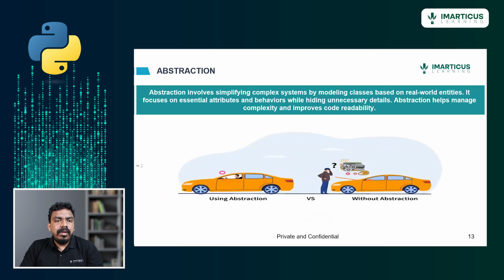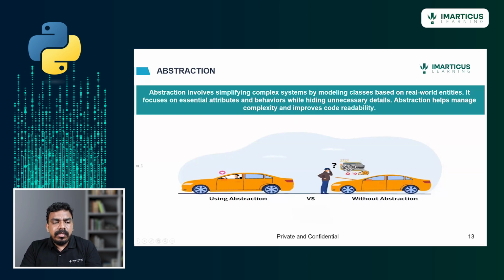Abstraction involves simplifying the complex system by modeling the classes based on the real world entities. What are entities? Entities are nothing but living or non-living real world data objects. It focuses on essential attributes and behavior while hiding the unnecessary details and showing only the necessary information. Abstraction helps to manage the complexity and improve the code readability.